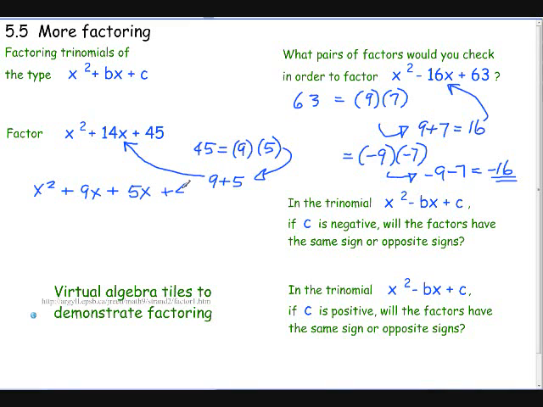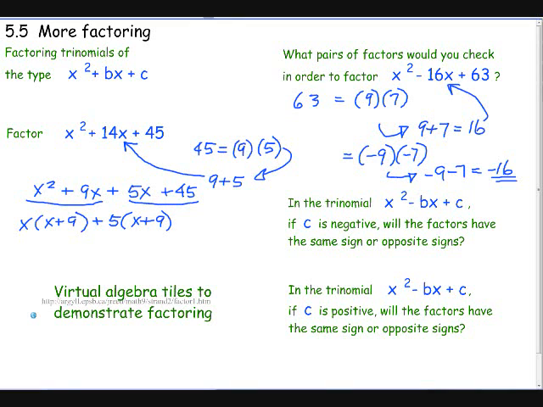plus 45. What I'm demonstrating here is factoring by grouping. So I'm going to group those two and those two. Look for a common factor in the first group. The only common factor I have is an x. X plus 9 when I factor out 1x. And then it's plus, let's see, 5 is common to both terms. I'll factor it out.